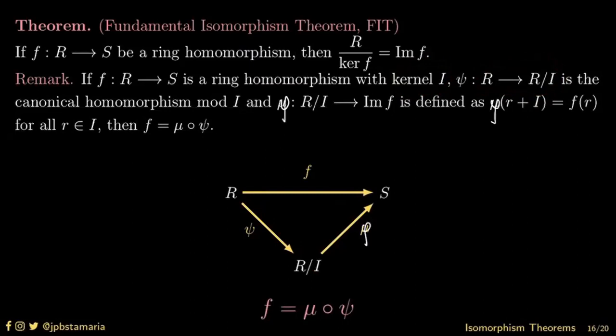Yung phi doon sa proof kanina, siya yung map from R modulo I to the image. Just in case yung image mo ay yung S. Right? So parang ito yung diagram, yung pinagkaiba-iba ng F, ng psi, tsaka ng phi. In fact, yung F ay yung composition ng mu, tsaka ng psi. Right? This is just an abstract representation.